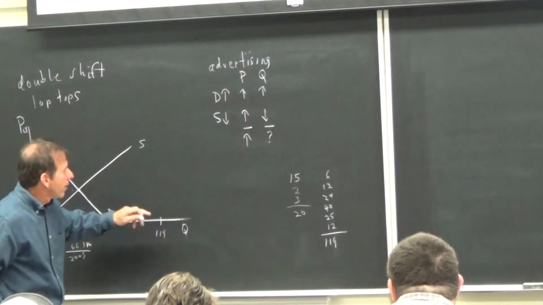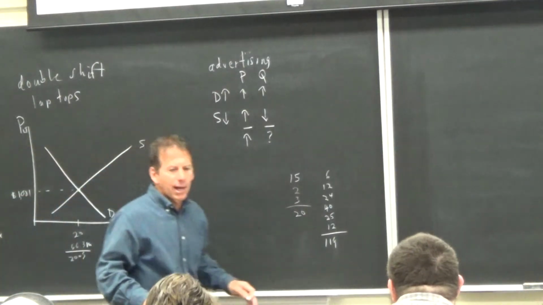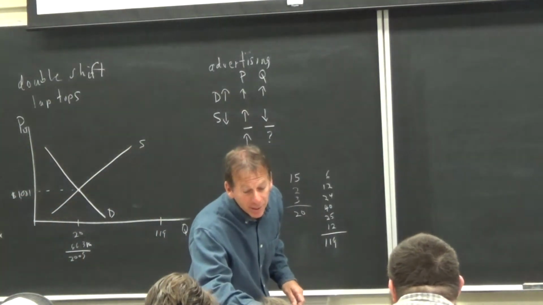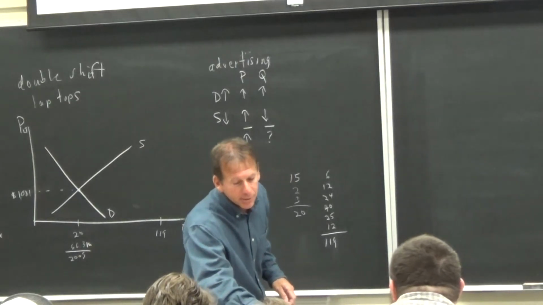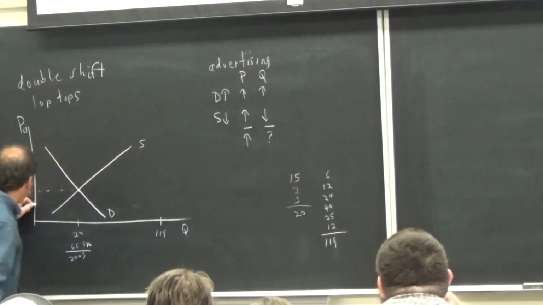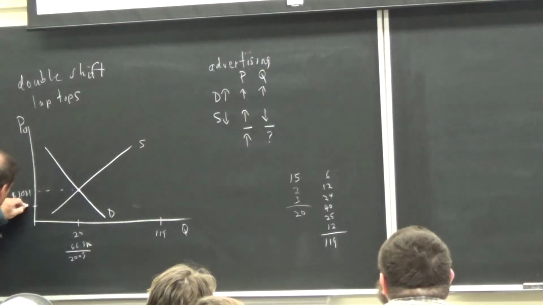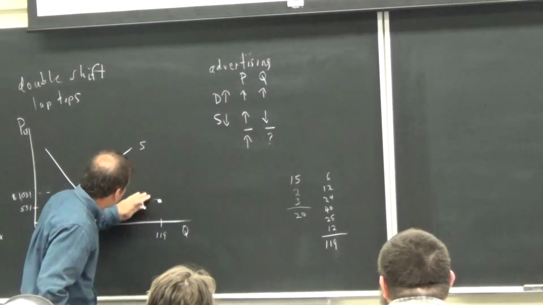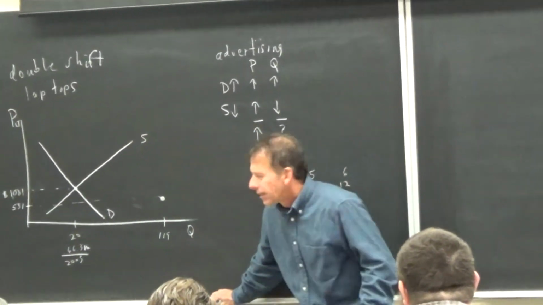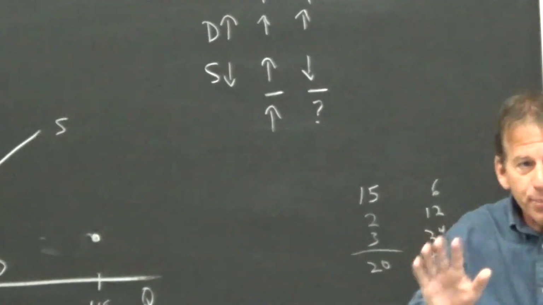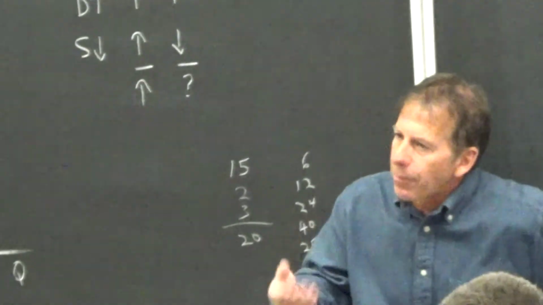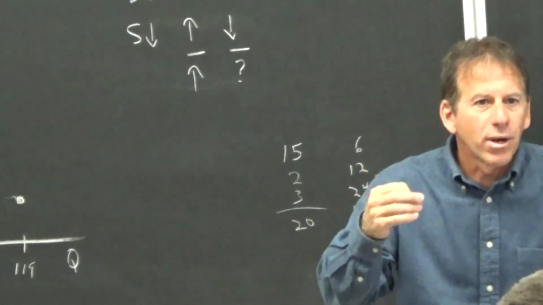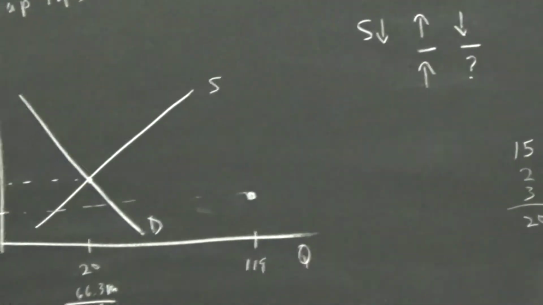And the price of laptops right now is, on average, $531. So look what happened: we moved from this equilibrium out to this equilibrium. And that's the problem: you can't just look at one thing changing because more than one thing changed.